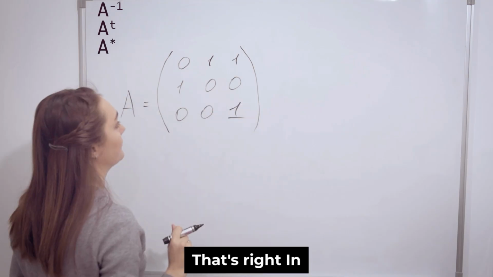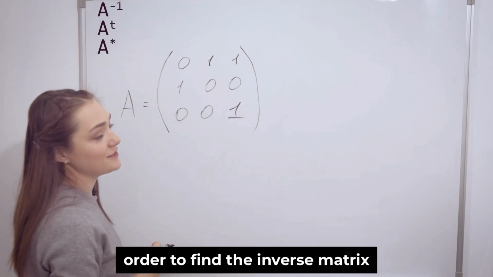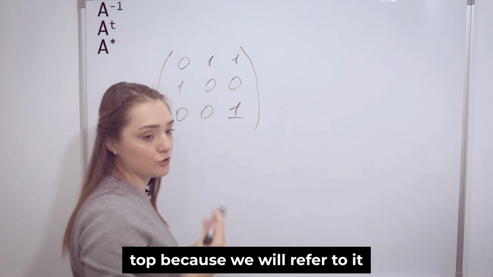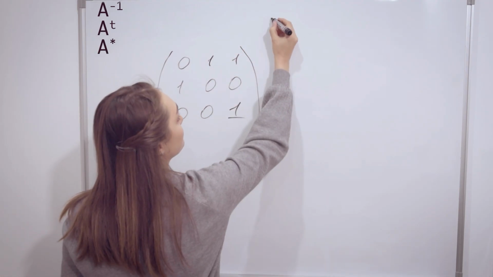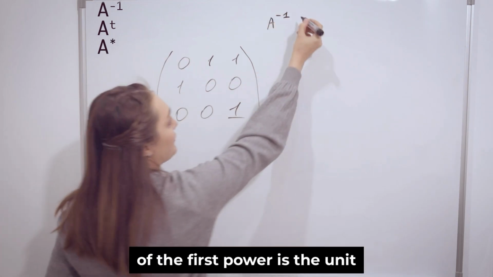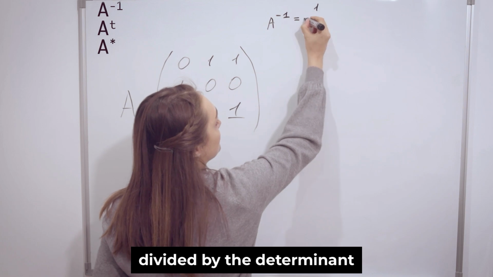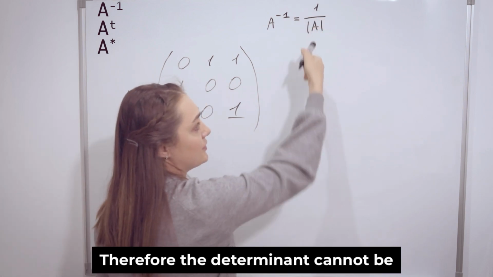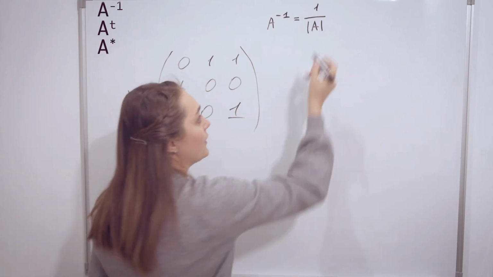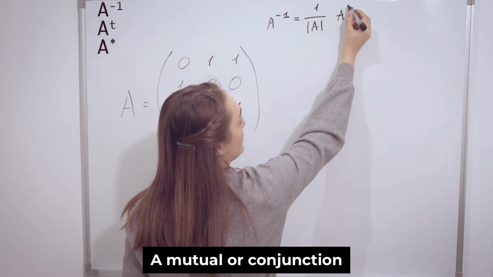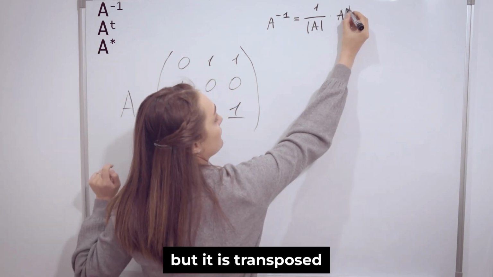I will write the formula here at the top because we will refer to it often. The inverse matrix A to the minus first power is the unit divided by the determinant. Therefore, the determinant cannot be equal to 0. And multiply by A, the allied matrix, but transposed.